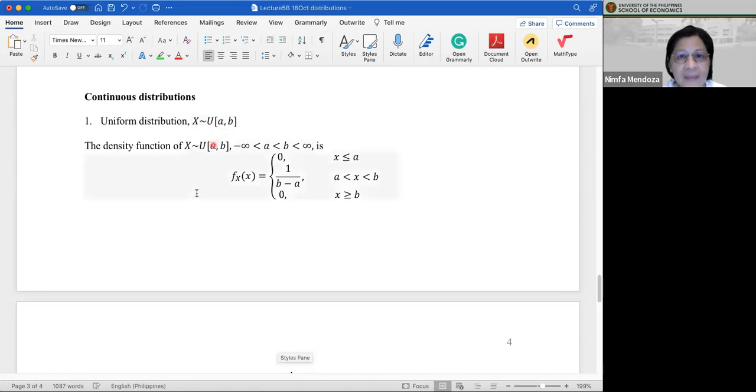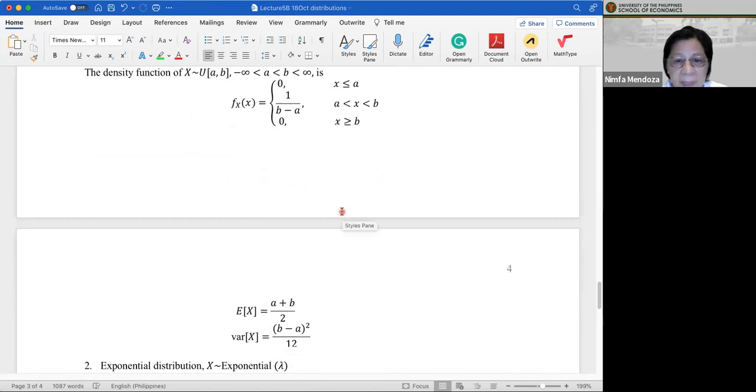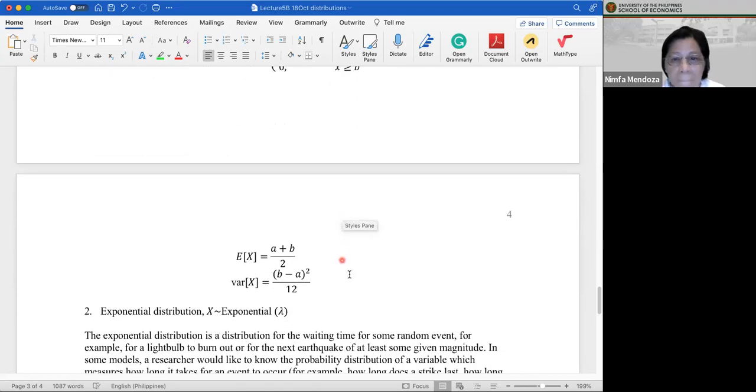So the density function of a random variable that takes a uniform distribution is this. And you can verify these are the mean and the variance.